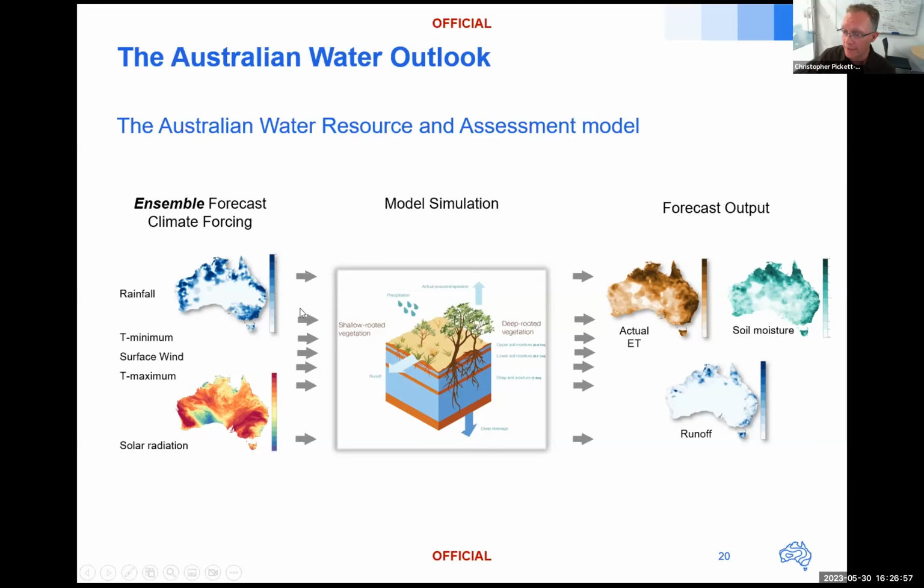Importantly, we're using different ensembles of these inputs, and we can generate forecast output of, for example, actual evapotranspiration, soil moisture, and runoff. These are forecast variables on the seasonal timescale, and they're ensemble based, so they're probabilistic forecasts.